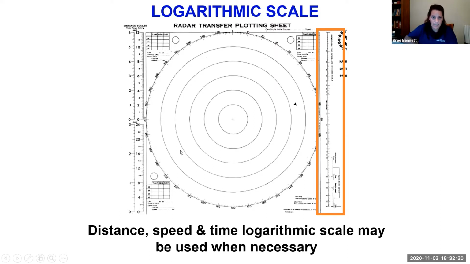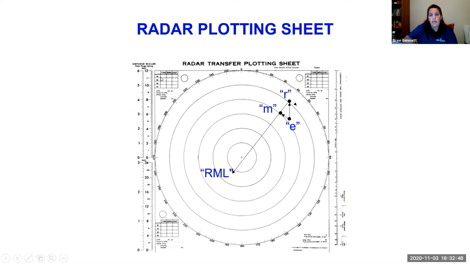We're just going to use that distance scale on the side, and we're just going to use the one that we have decided to use, which is typically 12. Sometimes we'll do 6, sometimes we'll do 24, but I'm going to say 80% of the time we use the 12 scale. And then we're actually going to use our 60D street to figure out our speed and distance.